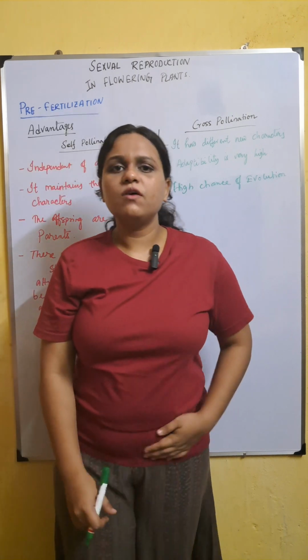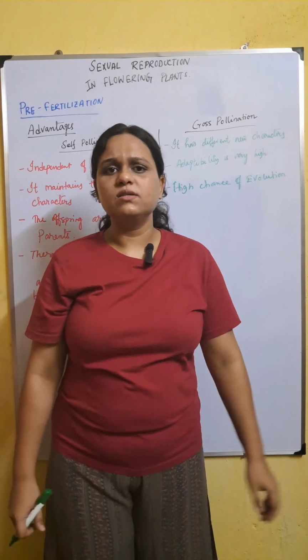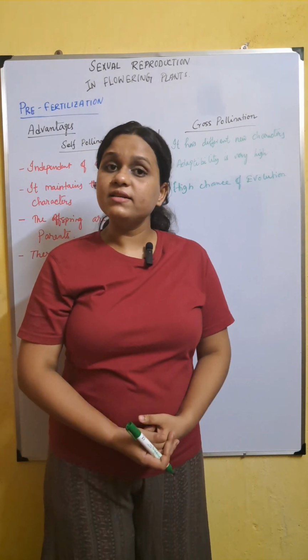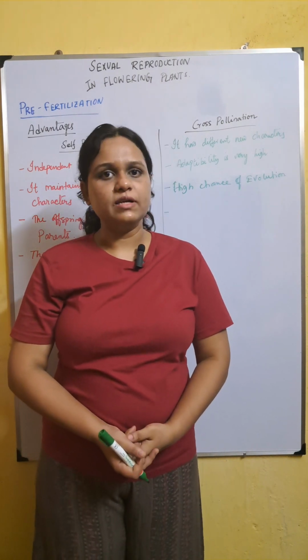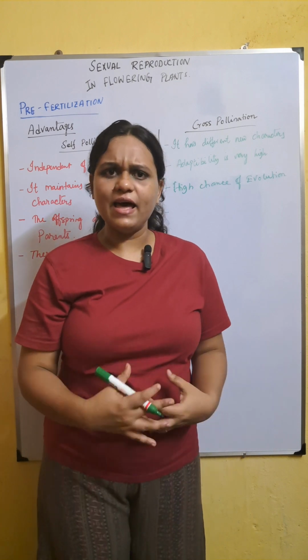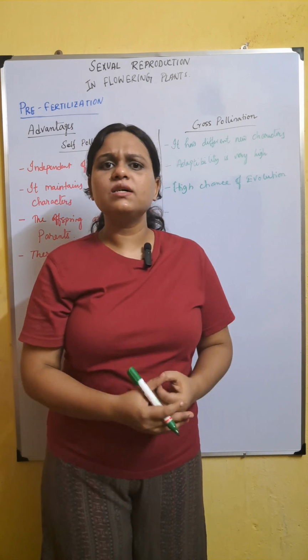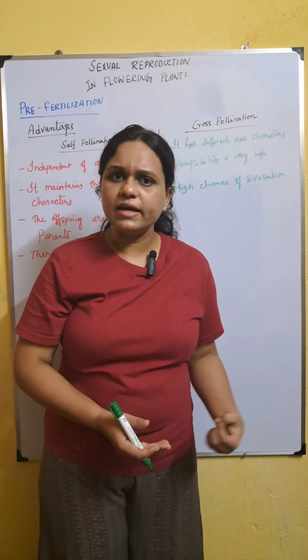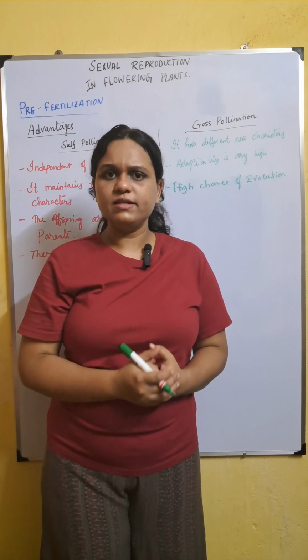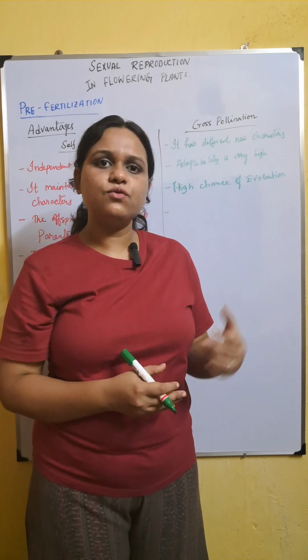Here, in case of cross pollination, the agents are required. Agents can be biotic and abiotic. So the plants always have an ecological relationship between biotic and abiotic agents related to the plant.